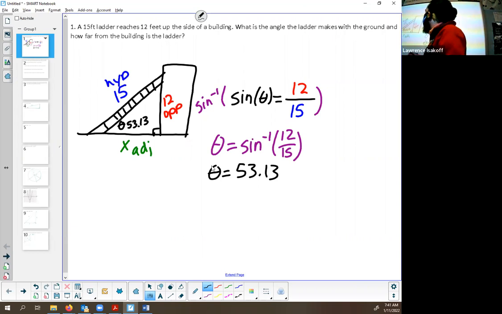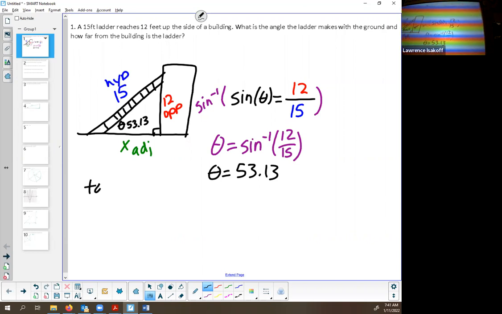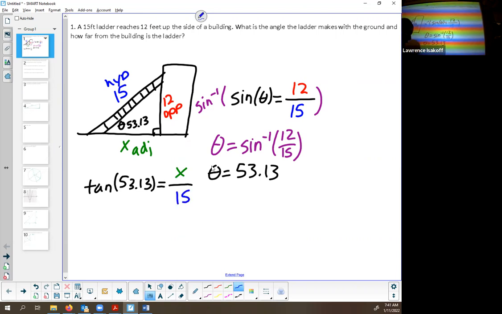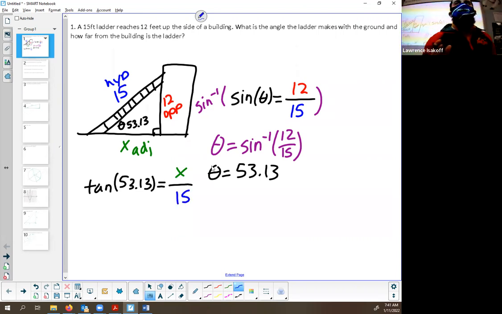I don't like that. I like to do adjacent over hypotenuse, put my variable up top. So I can then say that the tangent of 53.13 is equal to my adjacent side, x, over my hypotenuse of 15. Now I'm just going to solve this. I'm going to multiply both sides by 15.